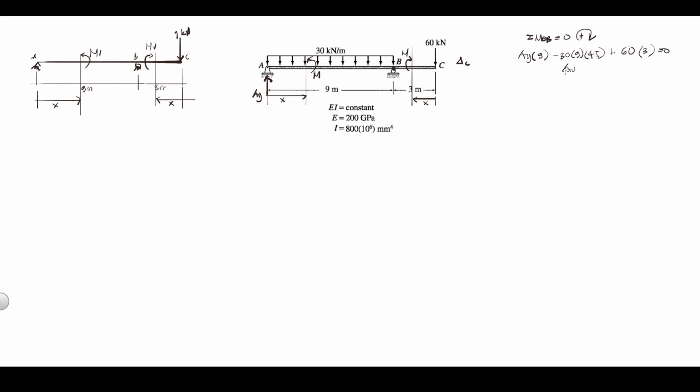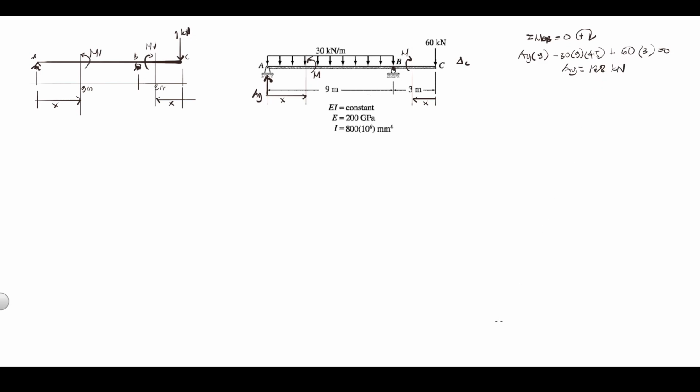So, what is AY? We have 60 plus 3 minus 30 times 9 times 4.5, divided by 9. Ang lalabas na sagot is negative 128 or 128 lang, kilonewton. So, check natin.